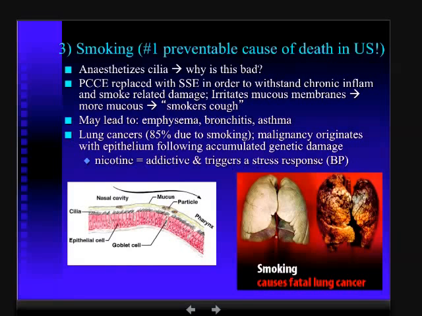So you get those chemical agents in the cigarette smoke, in those high concentrations, and they cause mutations. Obviously, 85% of lung cancers are due to smoking, and you begin to accumulate genetic damage.